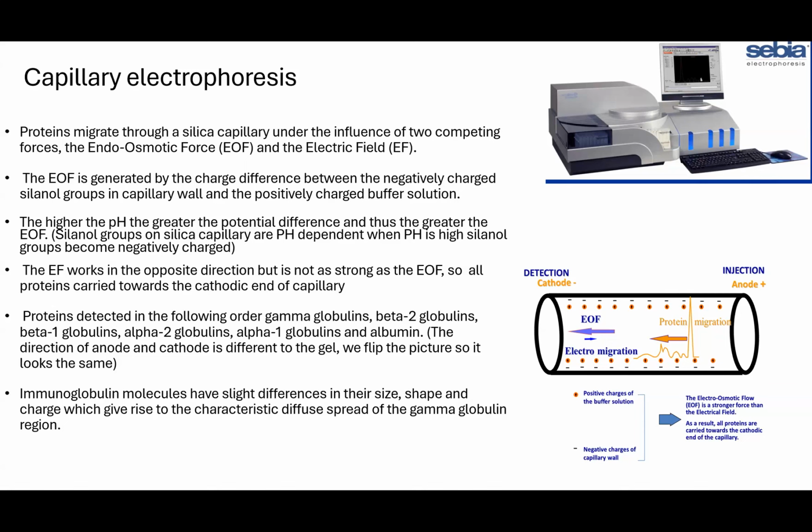Because we have a stronger electroendosmotic force, they are carried from the anode side, the positive side, to the negative side. So that's why, as you can see, the albumin in the electropherogram inside this capillary is different to the gel. The direction is different, and that's why we flip the picture of capillary electrophoresis so it looks similar to the gel.